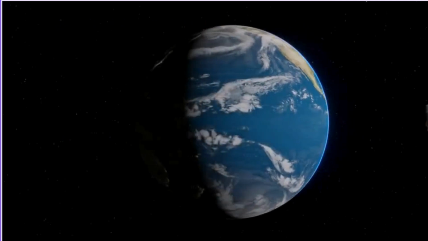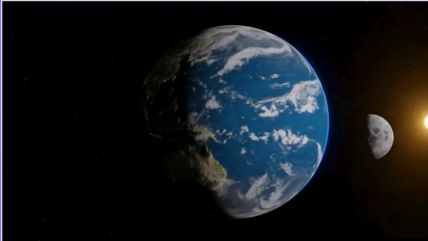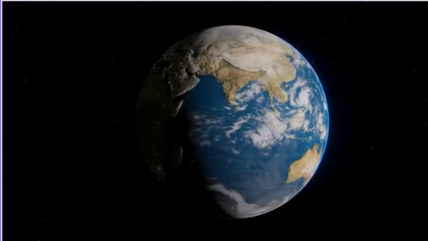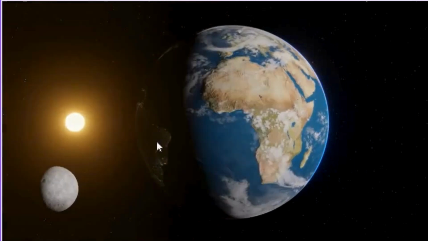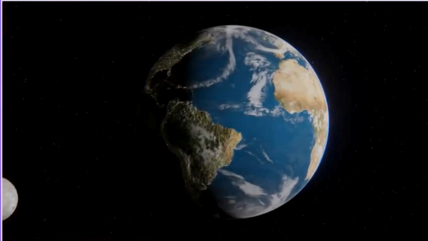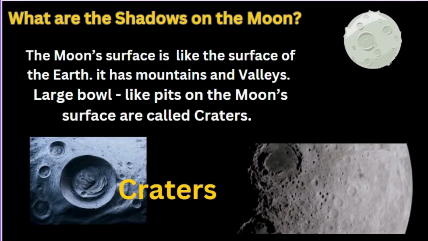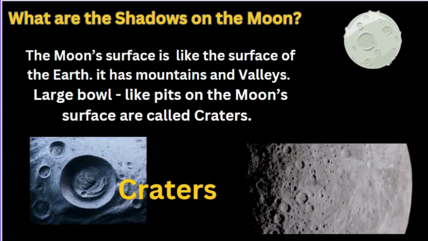Now, see, in this video we see how Earth is revolving around the Sun and how Moon is revolving around the Earth. So this is Moon, this is Sun, and this is Earth. What are the shadows on the Moon?